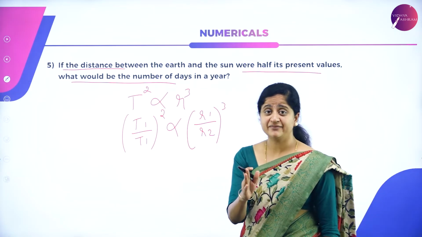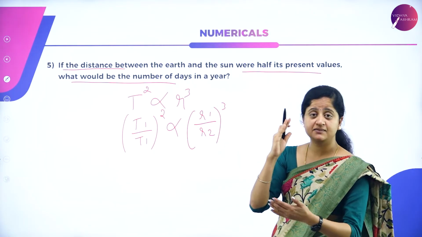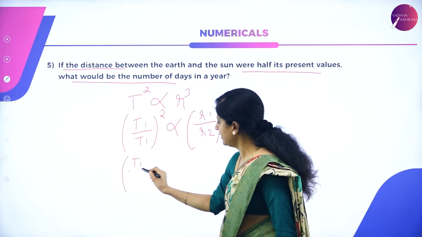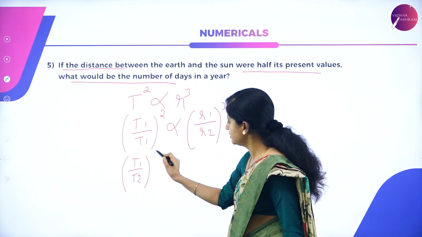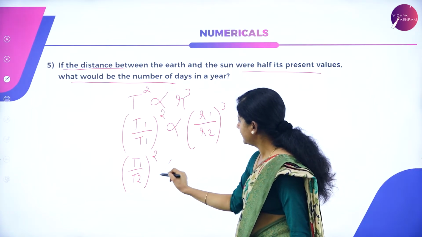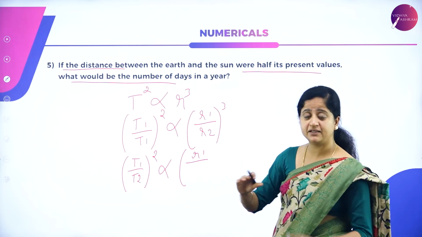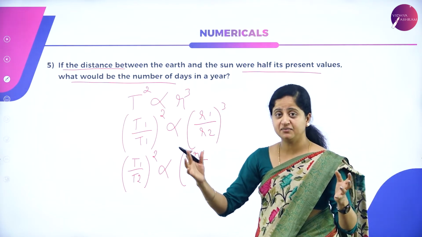It is clearly given that the distance between them is half of the present value, so we write (T1/T2)² is proportional to (R1/R2)³, where R2 is the distance after the modification.